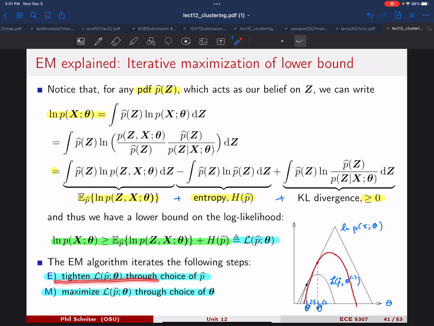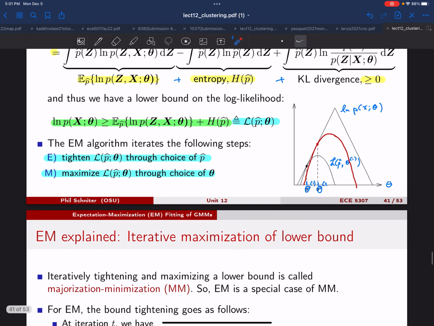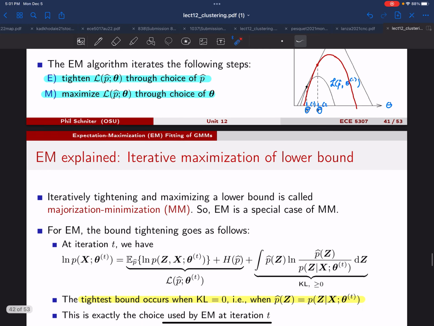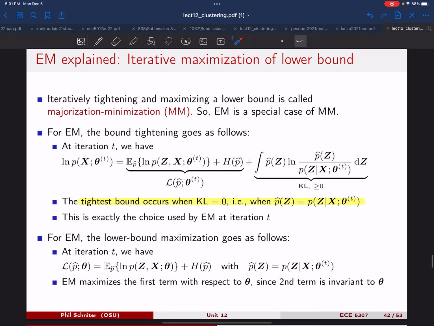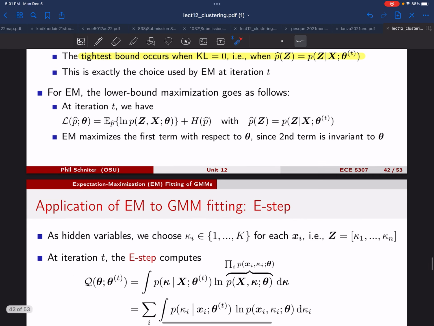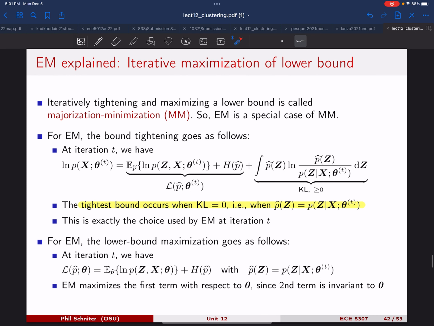We tighten the lower bound by choosing p hat, maximize the lower bound by choosing theta, and iterate. And when we plug in everything, we find that we should choose p hat as this quantity, and we should choose theta as the maximizer of this. Okay, so hopefully that explains the EM algorithm in general.